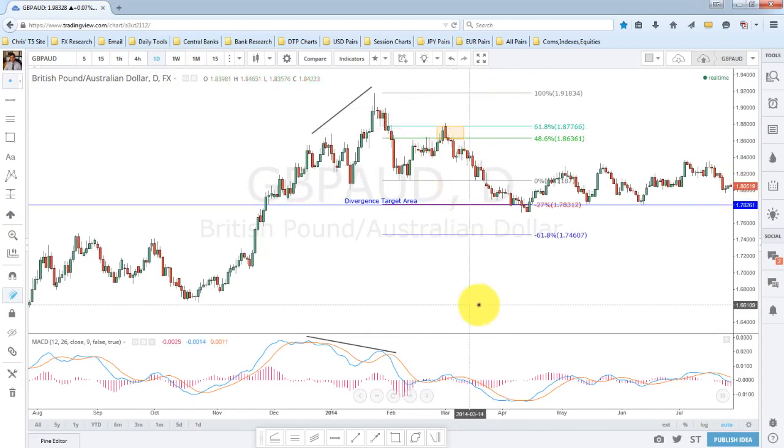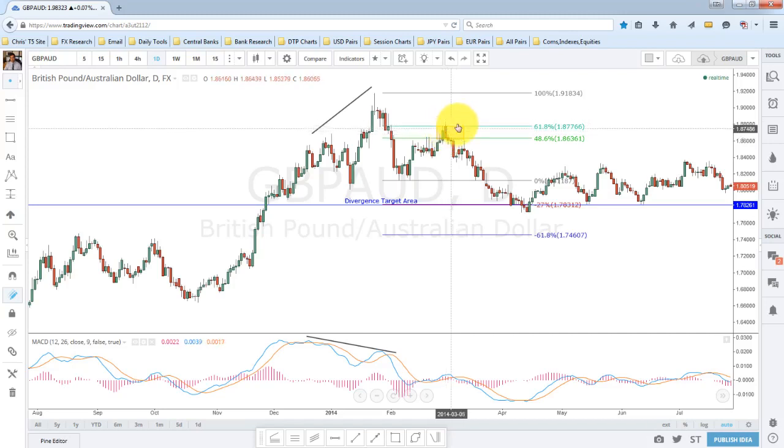This was back in March of 2014. But what we would look for here is to go down and look for a divergence setup at this level in this zone, on the smaller degree time frame, say the hourly chart, or an extension, something to enter into the market with at this level.